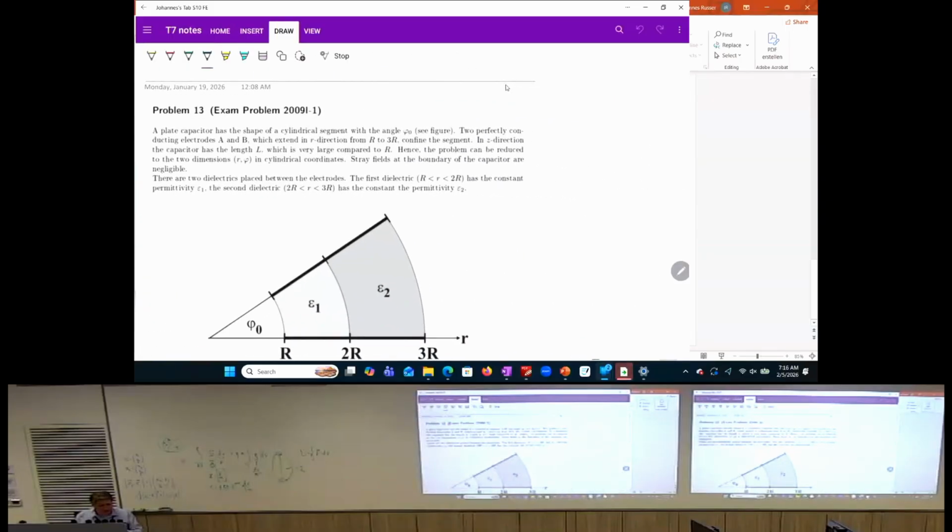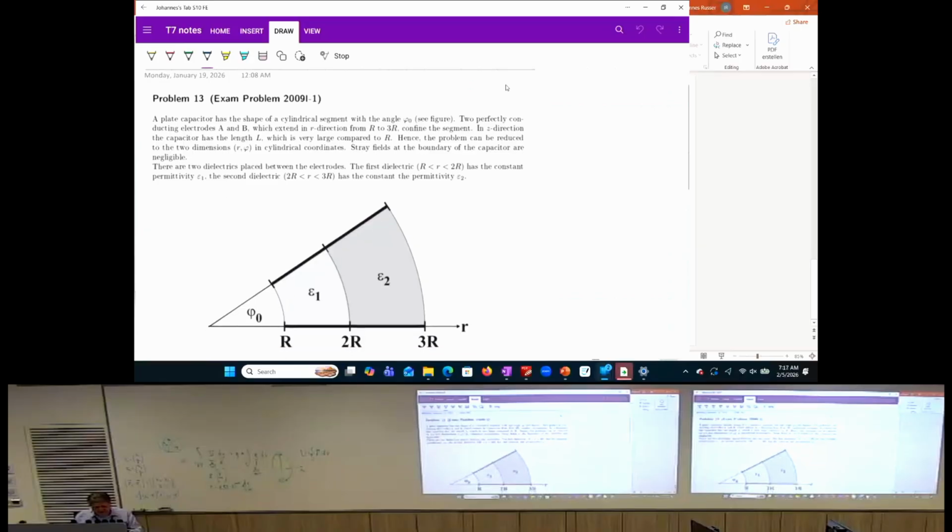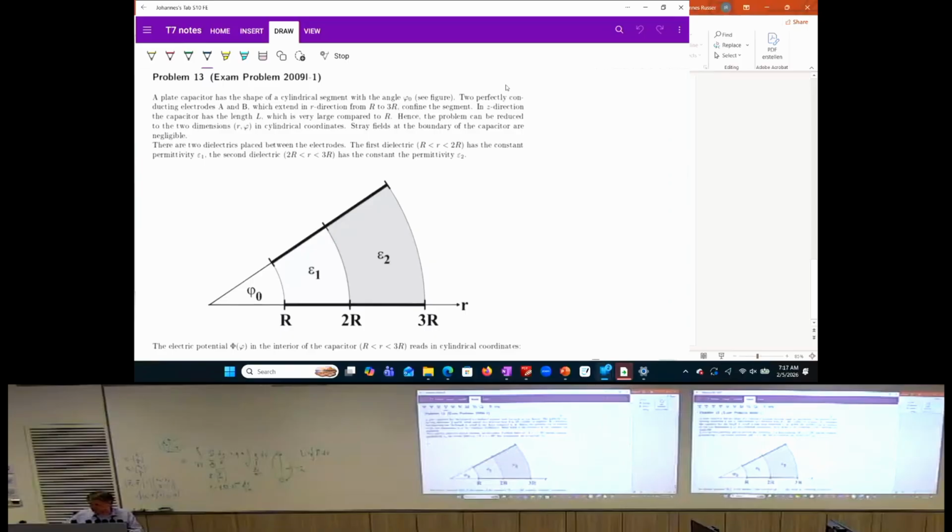Let's do another capacitor problem. That would be problem 13. And you see, this is again some plate capacitor, but it is not parallel plate anymore. So we have a plate capacitor that has the shape of a cylindrical segment with the angle phi 0. You see, you have one plate here.